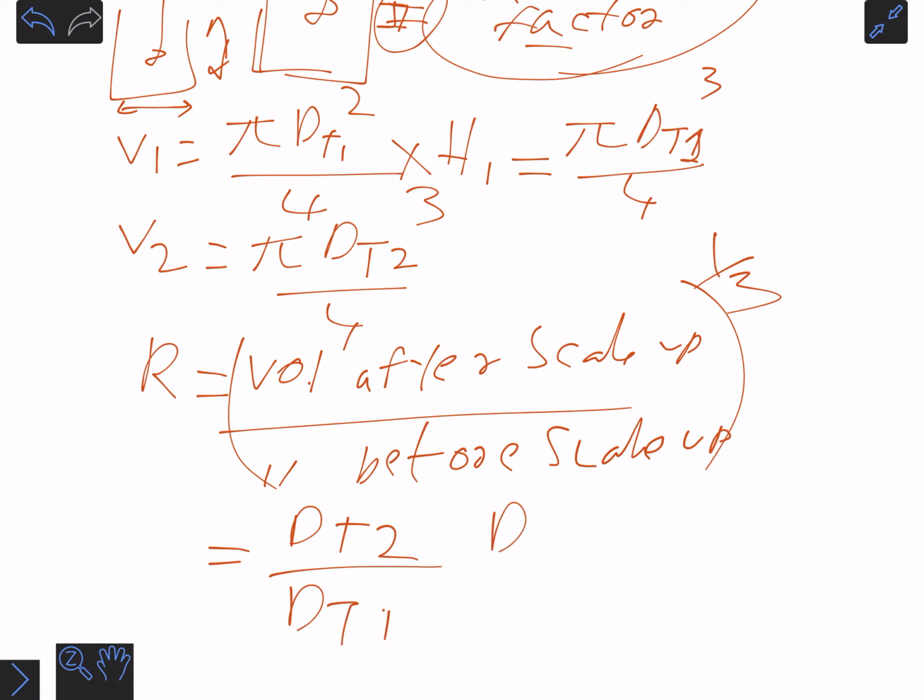So as I told you previously, Dt2, the bigger one, is equal to r Dt1. So this is all about the scale up factor.